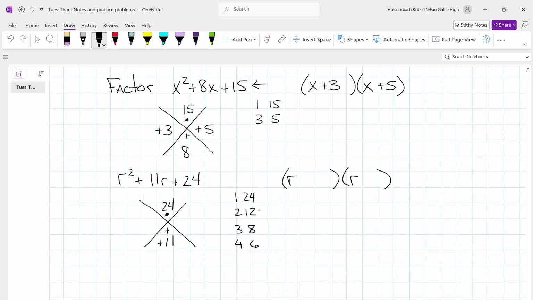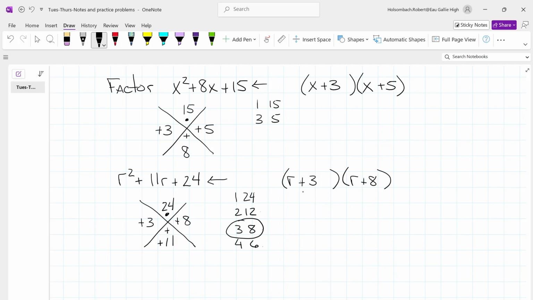If you look through these pairs, you can see it's right here, the 3 and the 8. So positive 3 plus positive 8 gives us positive 11, and positive 3 times positive 8 gives us 24. So we go with r plus 3 times r plus 8. And those are your factors for r squared plus 11r plus 24.